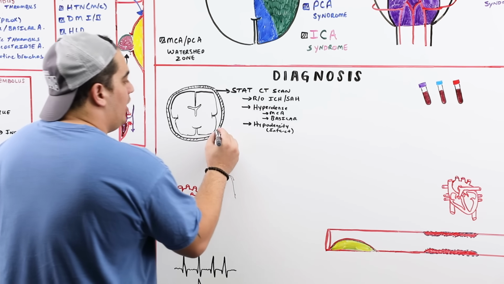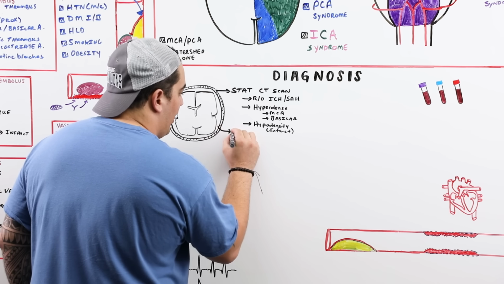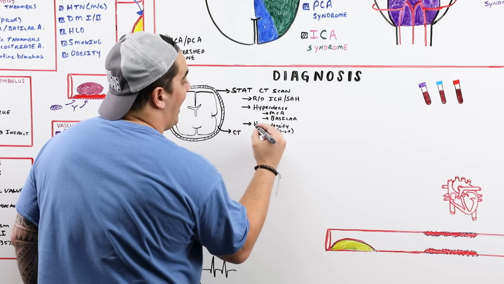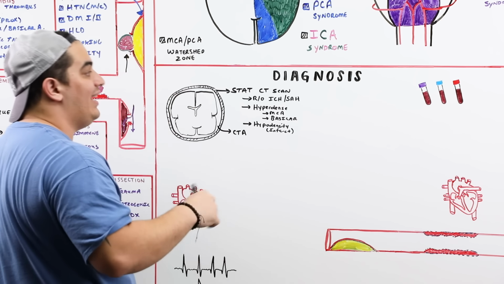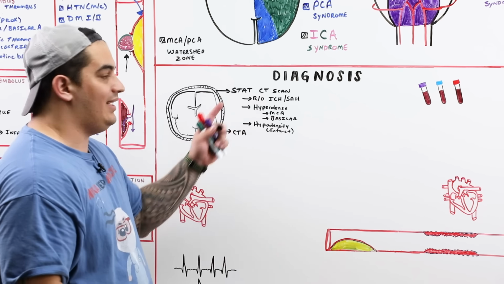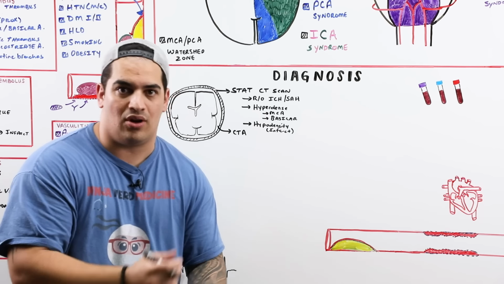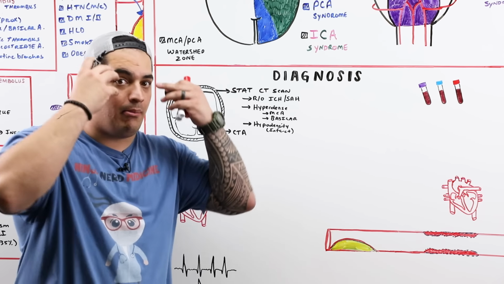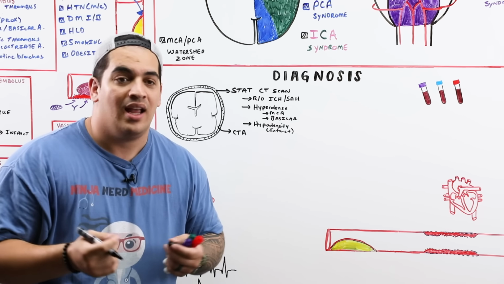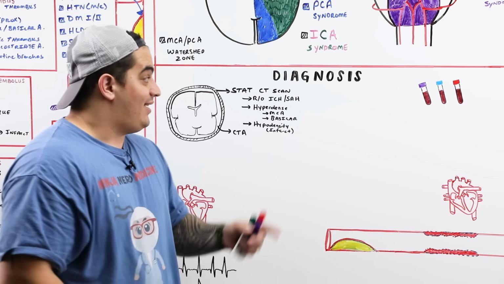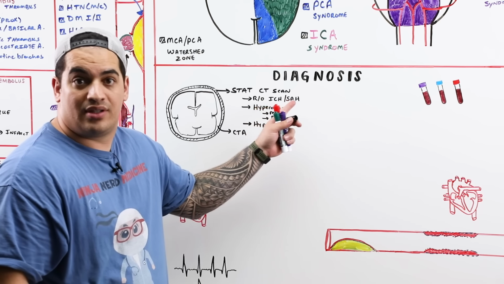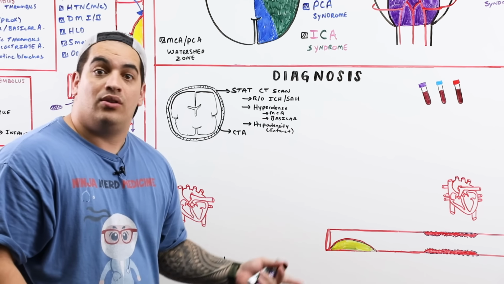I did say that you can get other images called a CTA, and we'll call that a CT angiogram, which is basically a CT scan with contrast. All that does is it fills up and brightens up those vessels in the brain. And the reason why you would do that is if you find out that they don't have an ICH or a subarachnoid hemorrhage, then what can you do?